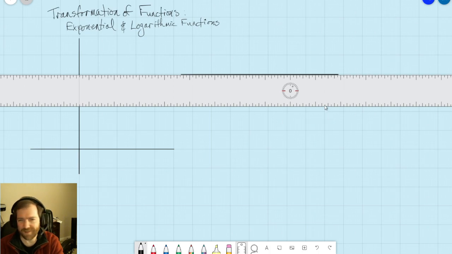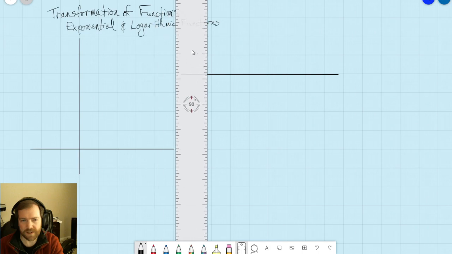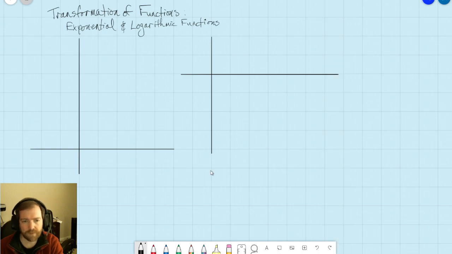So anyway, most of the time what we see is that when we look at functions just in general, just again, some random function, well, okay.